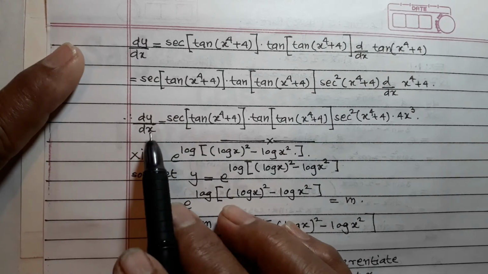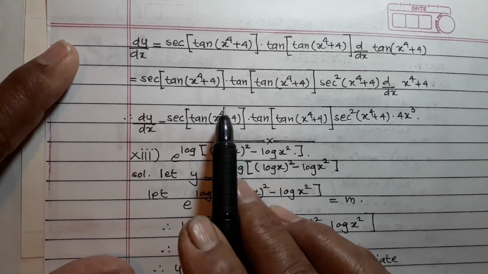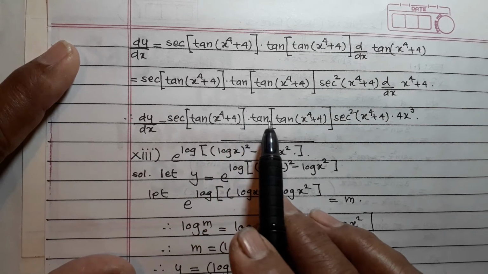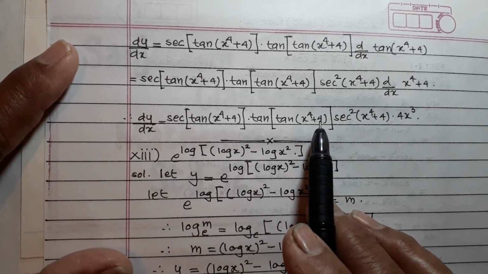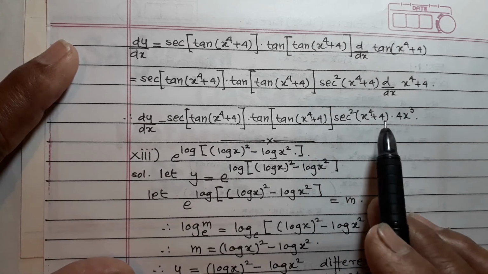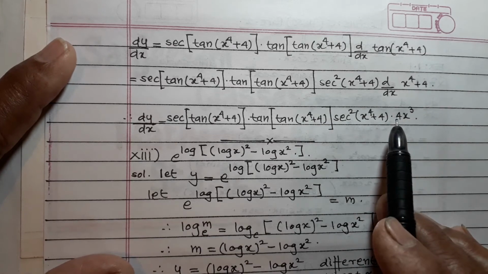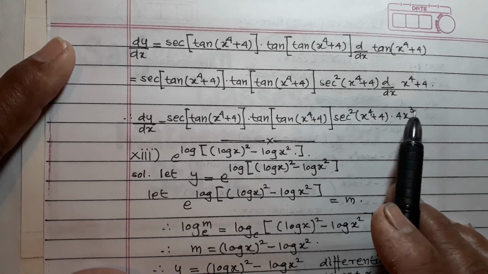So therefore dy/dx = sec(tan x⁴ + 4) into tan(x⁴ + 4) into sec²(x⁴ + 4) into the derivative of this, which is equal to 4x³.